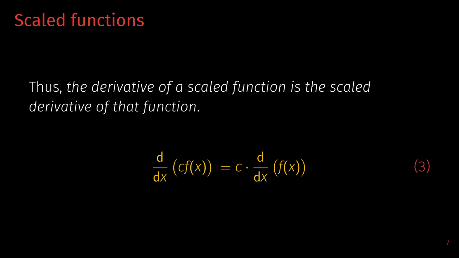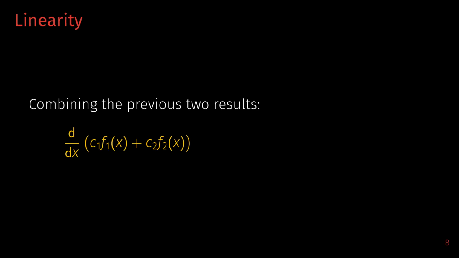Now, why do we care about this? If we combine these two previous results, that is, what happens when we add functions and what happens when we scale functions, we can show the following: when we differentiate a linear combination of two functions, this can be expressed as a linear combination of the derivatives of these functions.